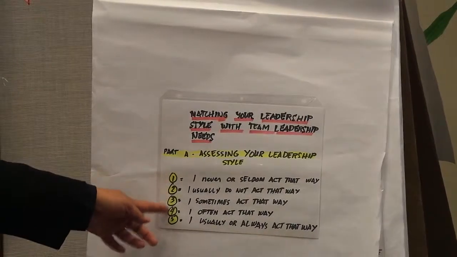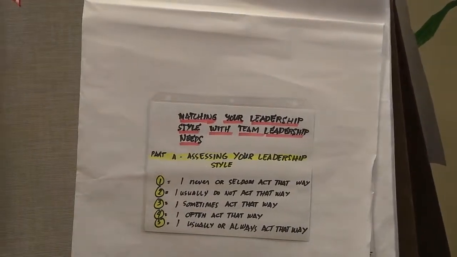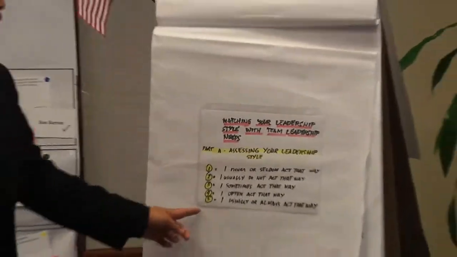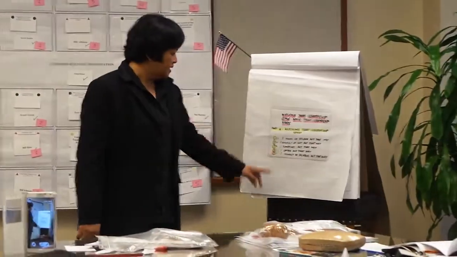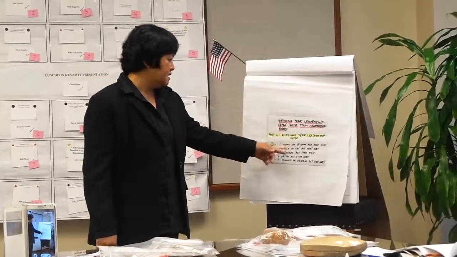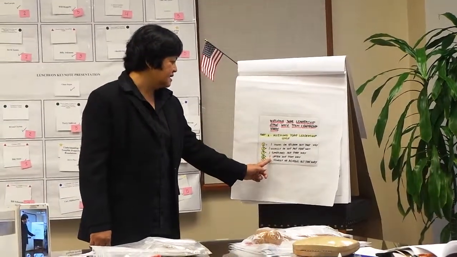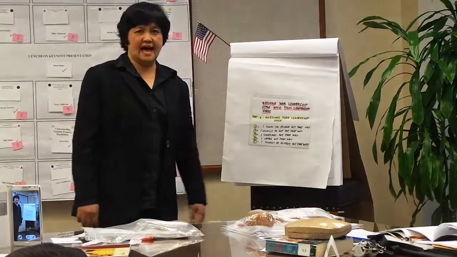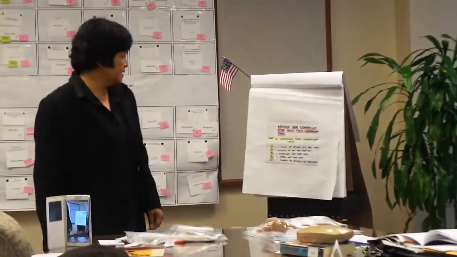So, this can be a little bit difficult when you see it like this, but really, 1 to 5, 5 being yes, and 1 being no, right? And in between, the gradations of it. I never, I usually, I sometimes, I often, and then I always act that way. It is actually in your workbook, all right?